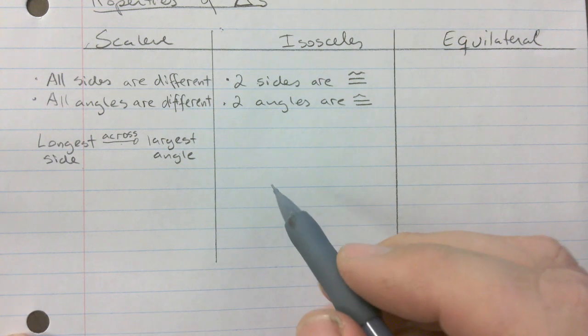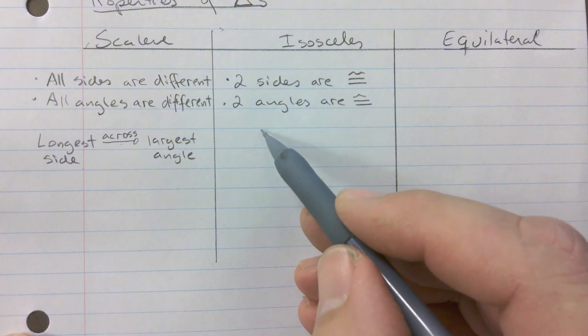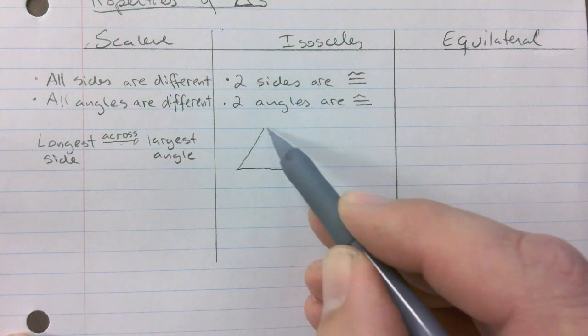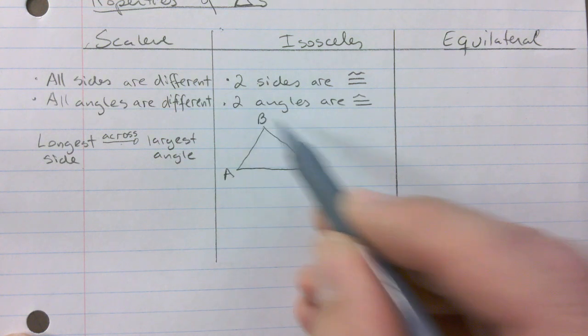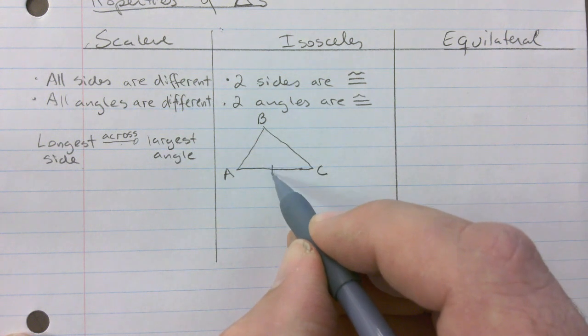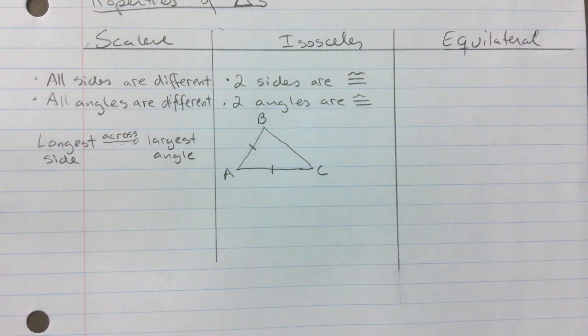And so, for instance, if you have a triangle ABC, and these two sides are congruent, then which two angles are going to be congruent out of A, B, and C?